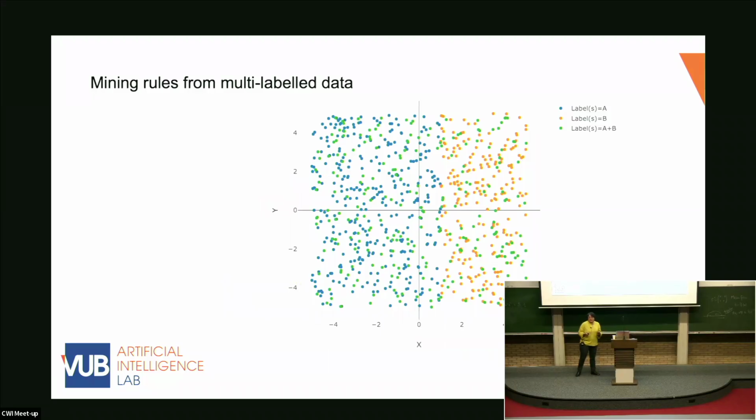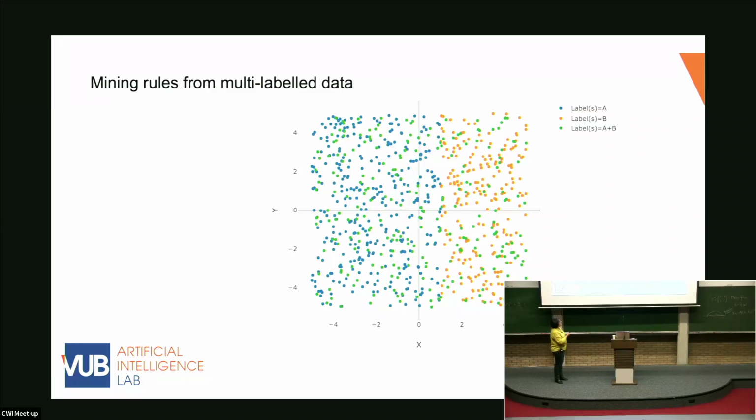Now if we translate this to the problem we have, we have three labels, and that could be my three actions from my previous slide. Blue means the greedy action is really clear, it should be blue. Orange means the greedy action is really class B. So it's very outspoken.